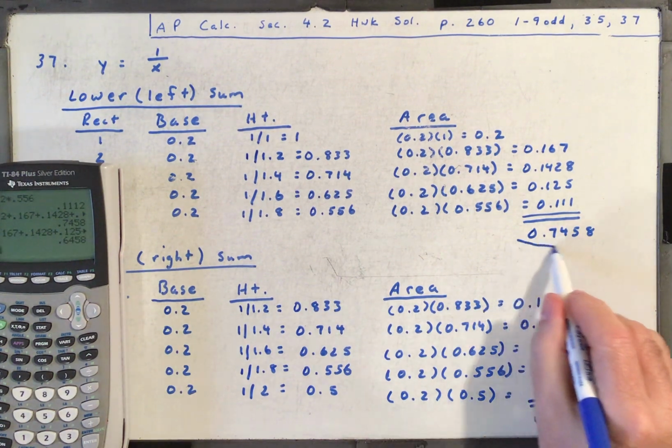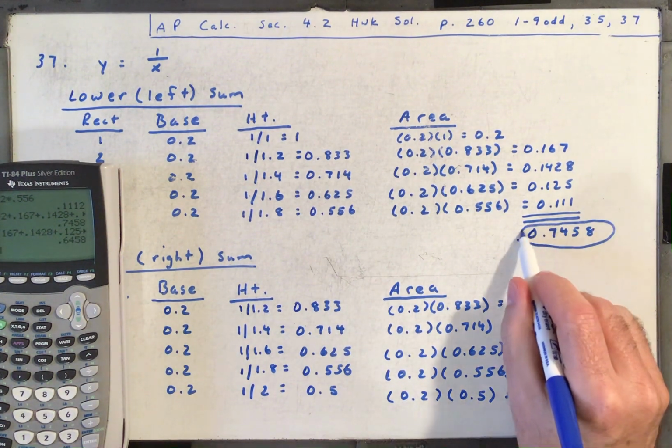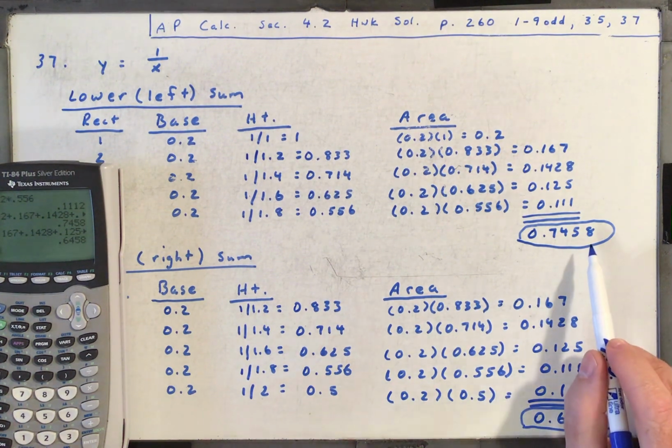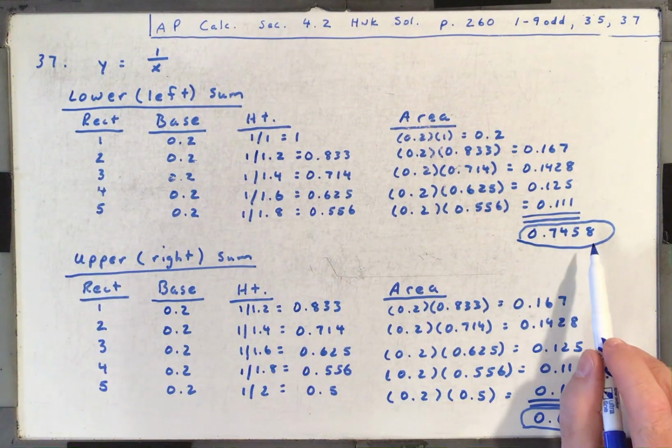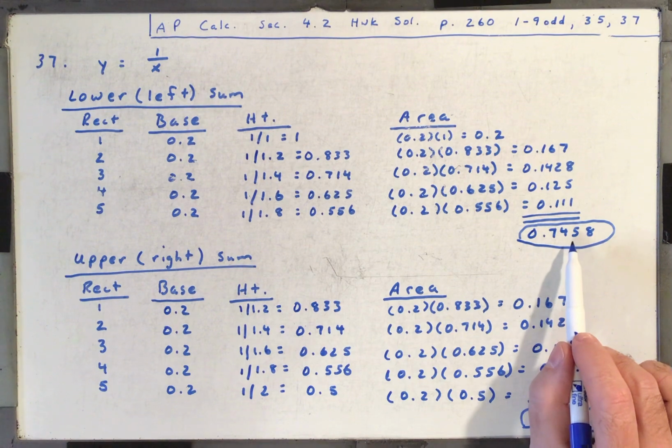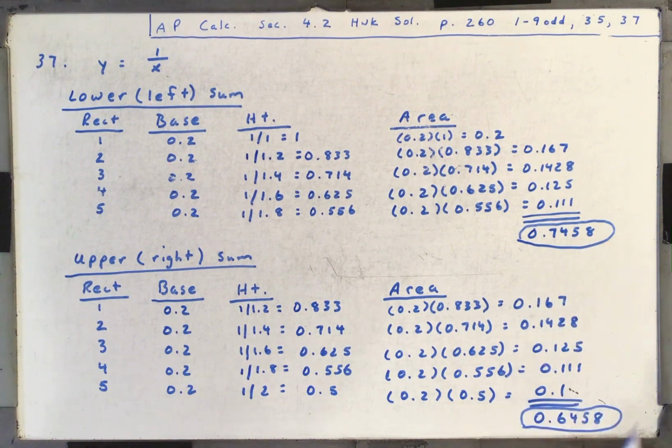All right, so that would be the left-hand sum, and this is the right-hand sum, and that's an estimate of the area using rectangles. The left-hand sum overestimates the area, and the right-hand sum underestimates the area because it's a declining function. It was opposite that on number 35.